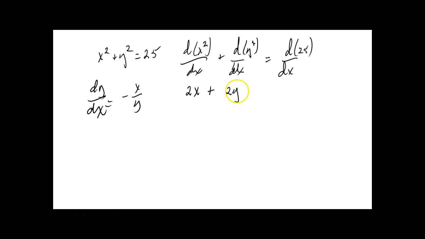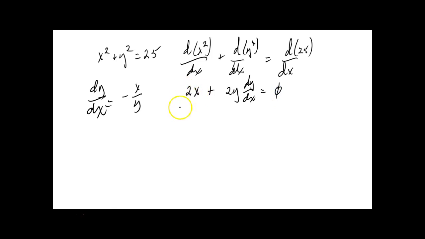Chain rule. See, x is not a function of x. dx/dx is 1. But here we have to have a dy/dx, okay? And what is d by dx of 25? 0. Got it.